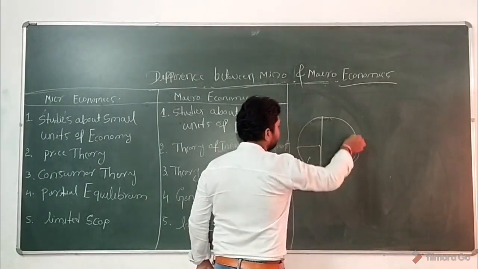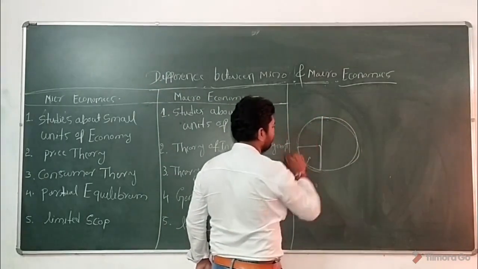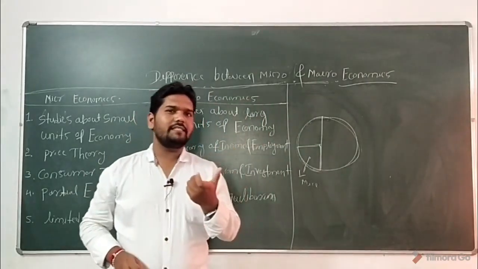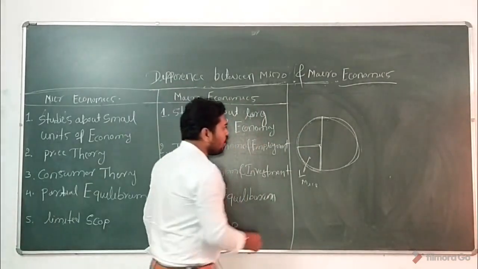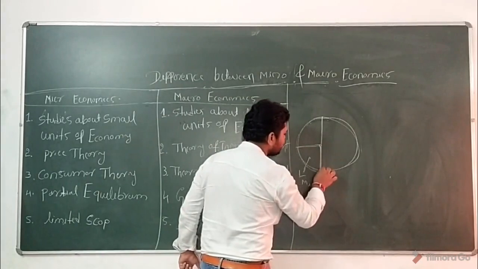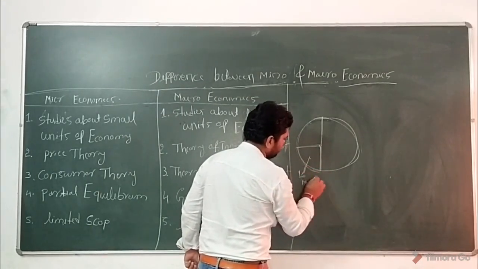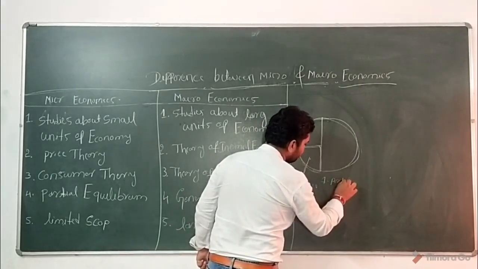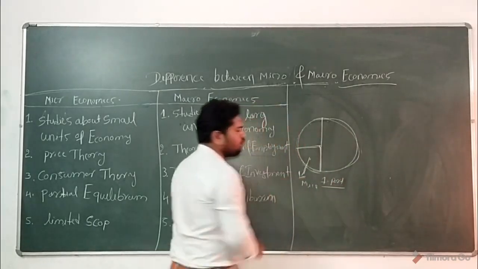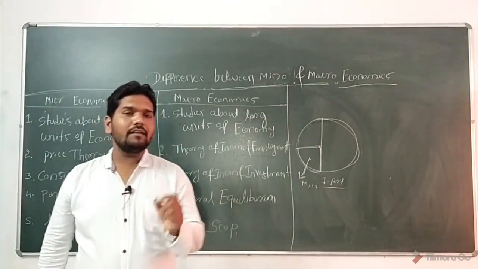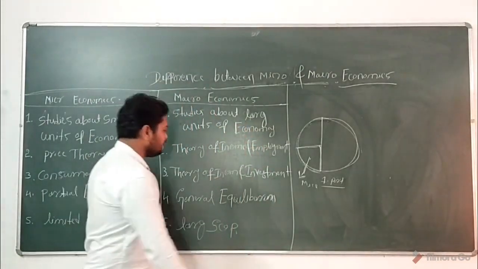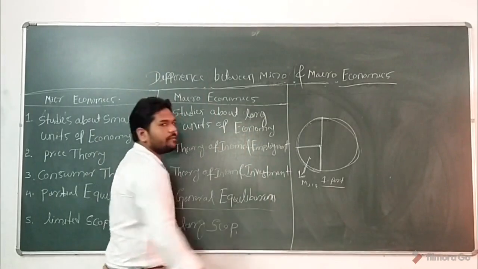Microeconomics studies small units, that's why it is partial equilibrium. Partial is one part, only one part is studied.